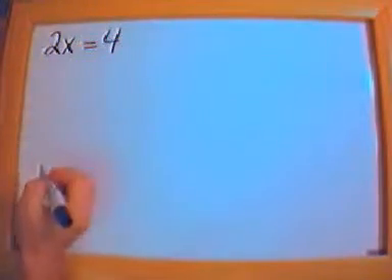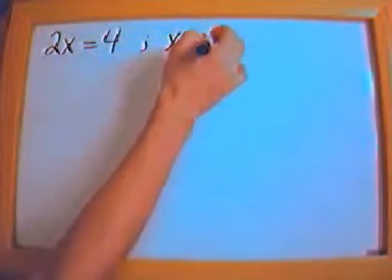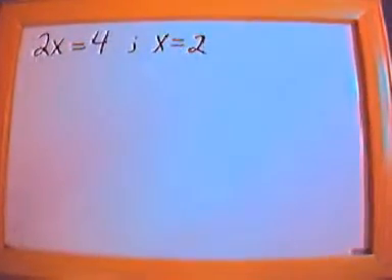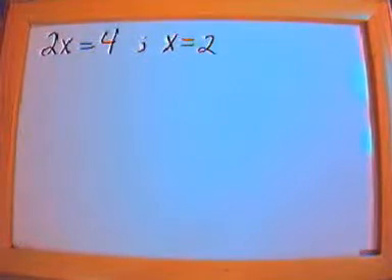Okay, continuing with Introduction to Equations, let's proceed by looking at something like this. 2x equals 4, where x is equal to 2. Again, we want to plug that number in and see if it makes the equation valid.